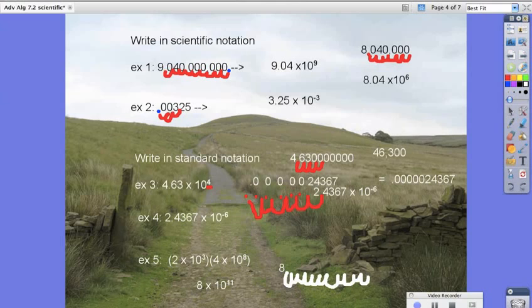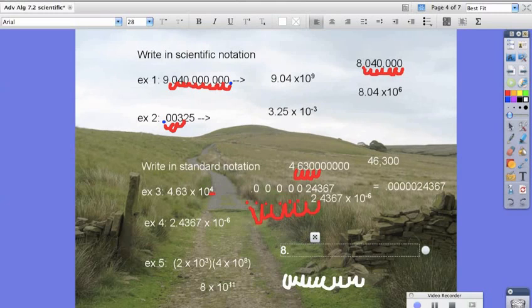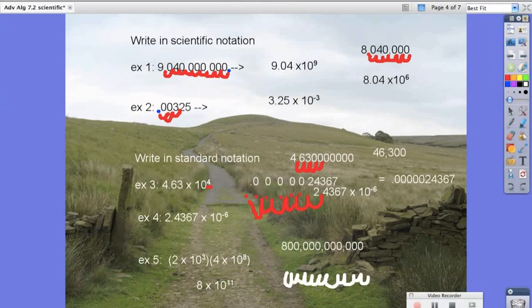So that means there's going to be 11 extra zeros. And put our commas in the appropriate spots. So we have 800 billion as our number.